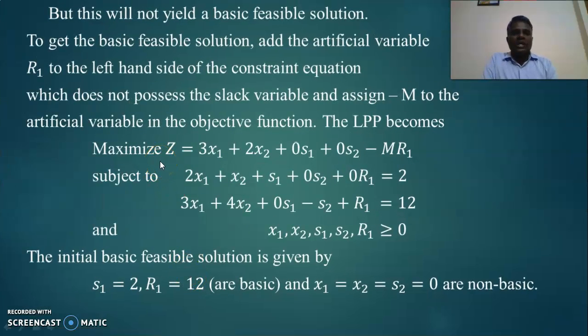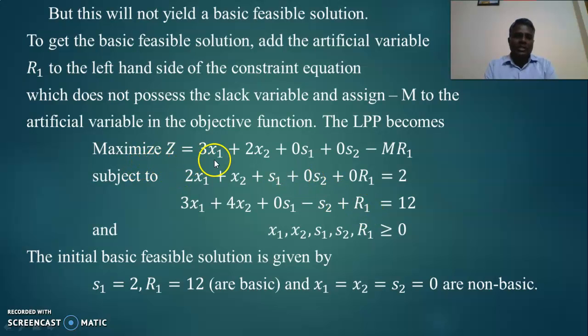But this will not yield a basic feasible solution. To get the basic feasible solution, add the artificial variable R1 to the left-hand side of the constraint equation which does not possess the slack variable, and assign minus M to the artificial variable in the objective function. We need an artificial variable whenever a surplus variable appears.